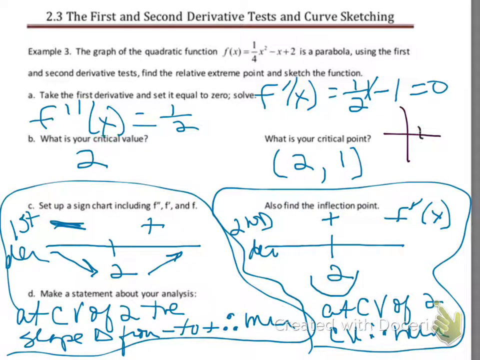If I go over 2 and up 1, my curve will go through the point, so here's a minimum, and it's going to go like that. That looks like my function, and it is a parabola, so that's consistent with the function they gave me. So I have a sketch, a first derivative test and a second derivative test. Let's go on to the next page.